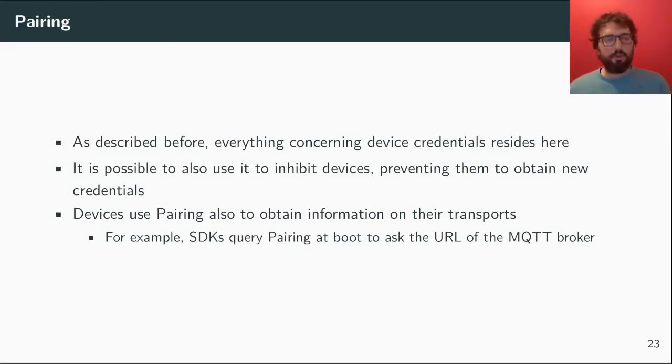And using pairing API, it's also possible to inhibit devices, preventing them from obtaining new credentials. So if you have a device which you think is being compromised, you can inhibit it from pairing API, and that device won't be able to request new credentials anymore.